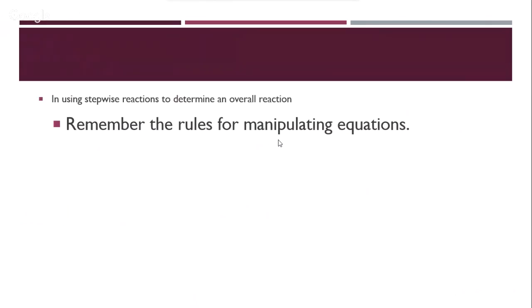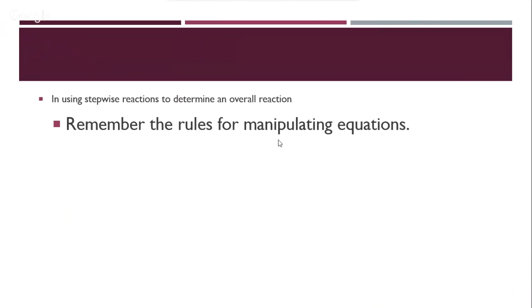Now, when we are doing a stepwise reaction to determine an overall reaction, we can manipulate the equations depending on our convenience. For example, if we are given combustion, then we'll take only combustion. If we are given formation, we'll take formation, and so on. By manipulating all of these equations, you will end up getting the final enthalpy.